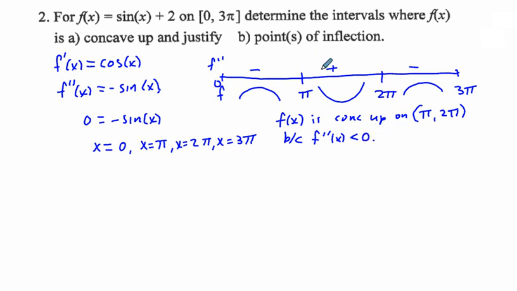Now for points of inflection, we have points of inflection at x equals pi and x equals 2 pi because we changed concavity.